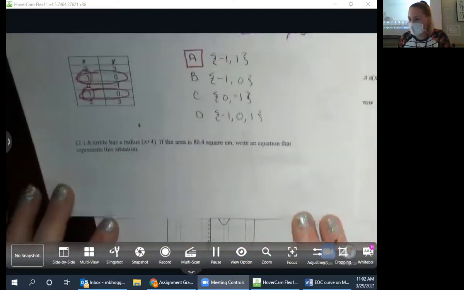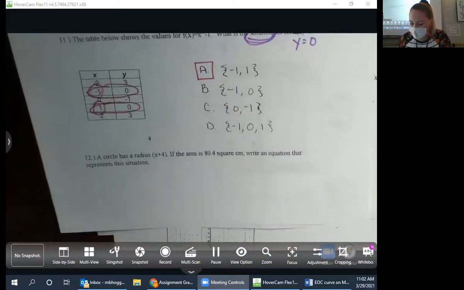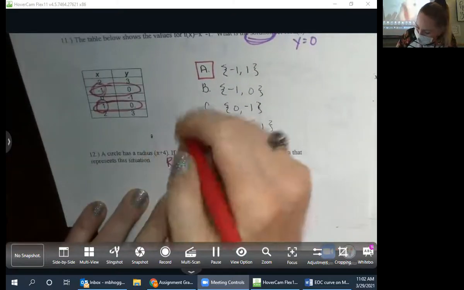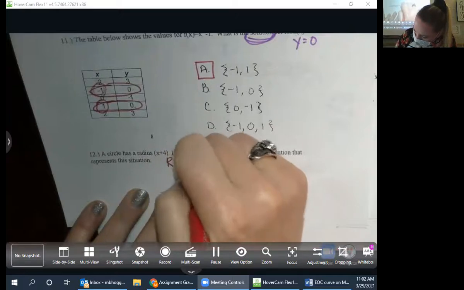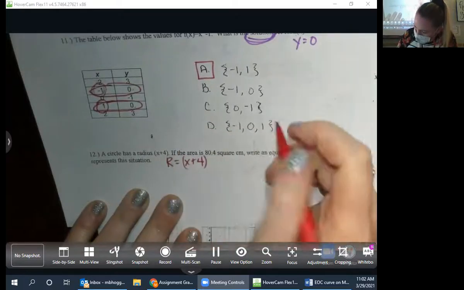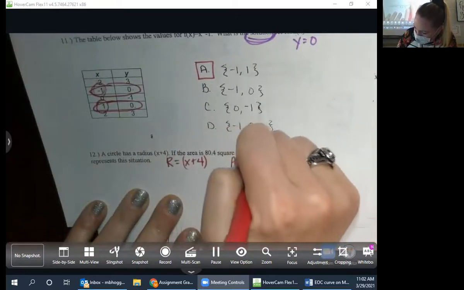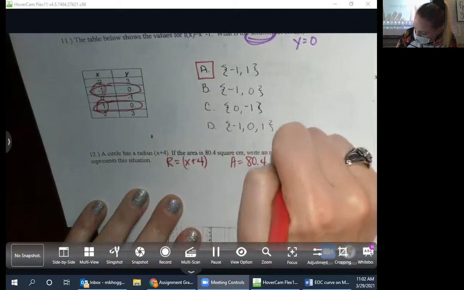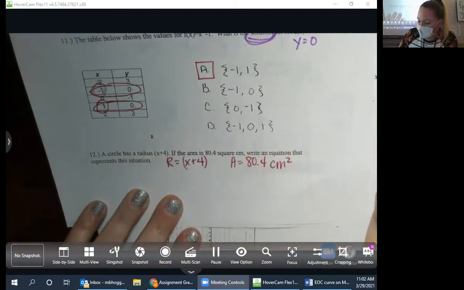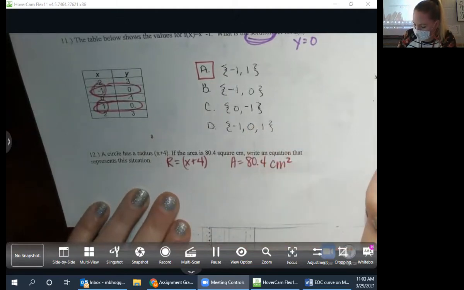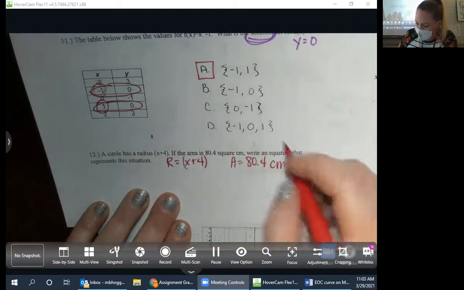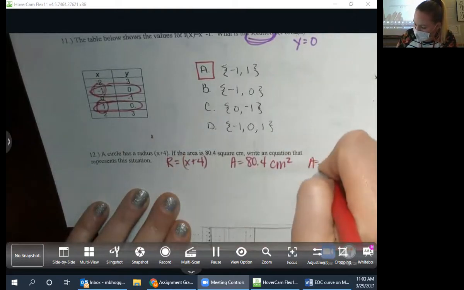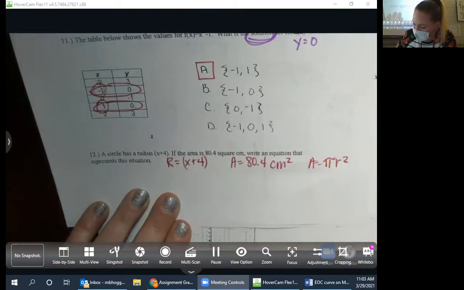Okay. Number 12. A circle has a radius of x plus 4. The area is 80.4 centimeters squared. We have to write an equation that represents this situation. So area of a circle is pi times the radius squared.